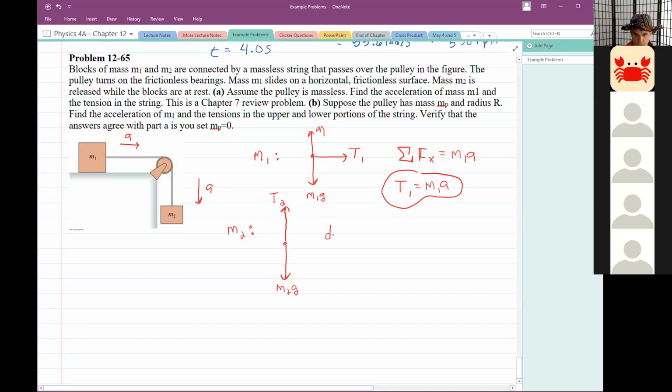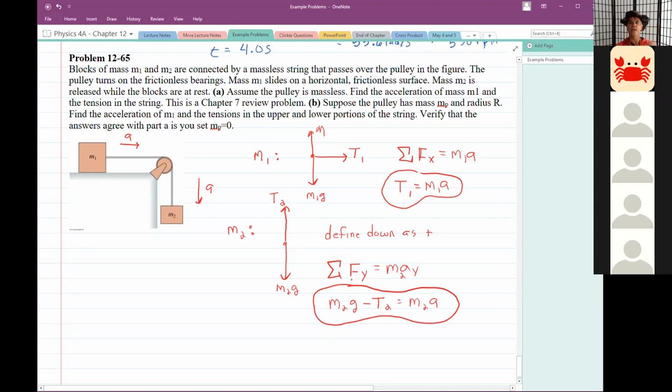So I'm going to define down as positive. So what I get if I look at the sum of the forces in the y direction equals M2a, let's be clear, this is M2, is M2g minus tension 2 equals M2a.